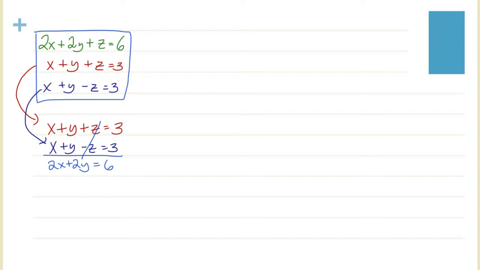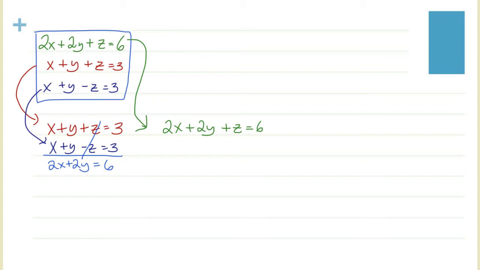And then if we do the same thing with the green and the blue, again, we don't have to do any multiplying. So for my green, I'm just going to copy it over, 2x plus 2y plus z equals 6.